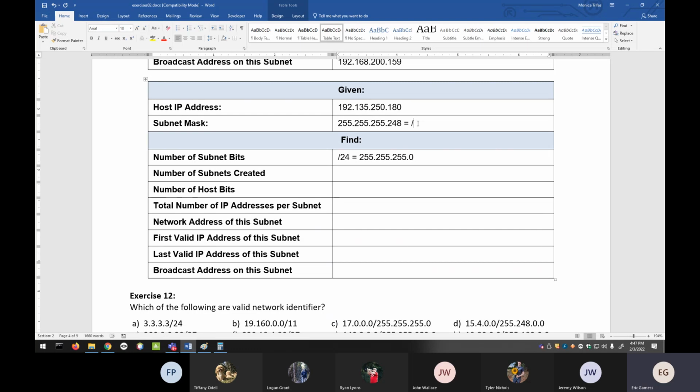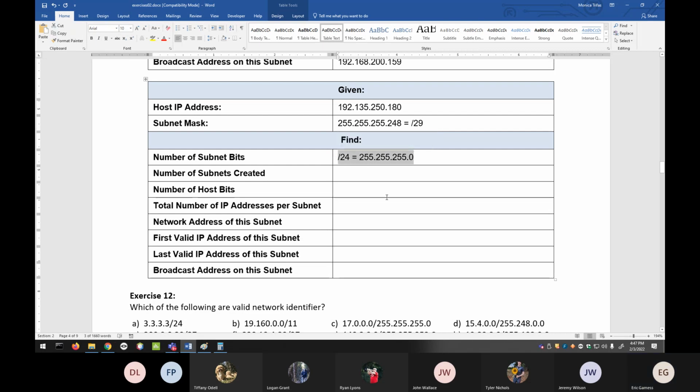What is 248? 248 is 1 1 1 1 1 0 0 0. So we have 5 1s. If we have 5 1s, how many 1s do we have in this mask? 8 plus 8 plus 8 plus 5, isn't it? Every 255 is 8 bits. So it will be what? /29, exactly. So we went from a /24 to a /29.